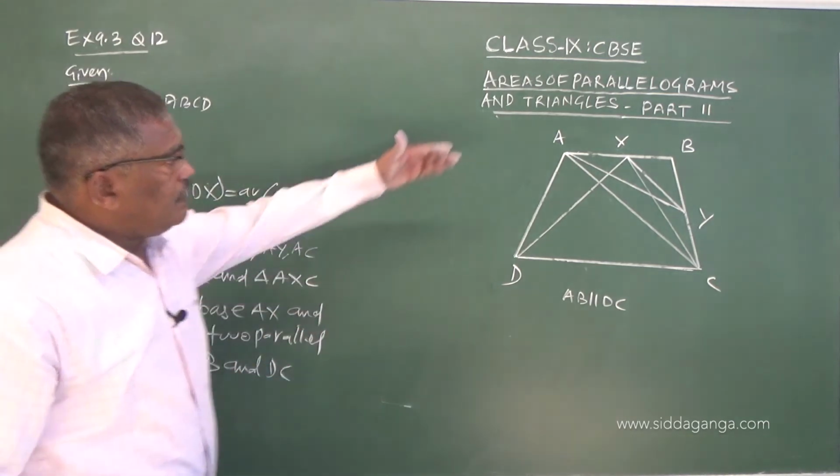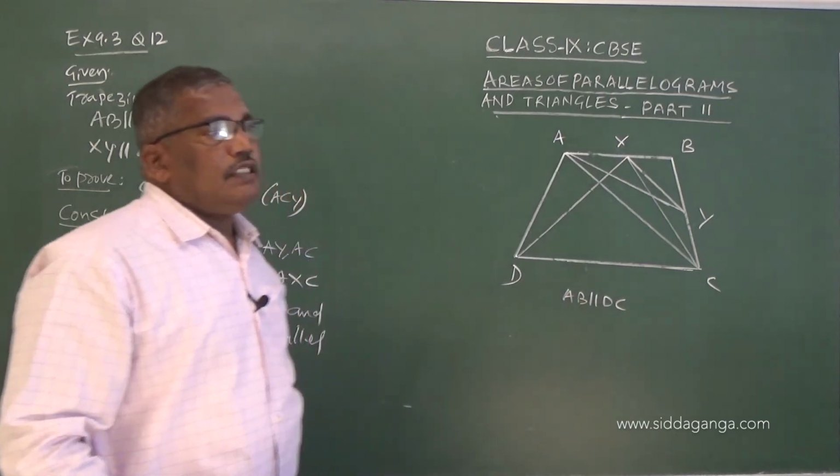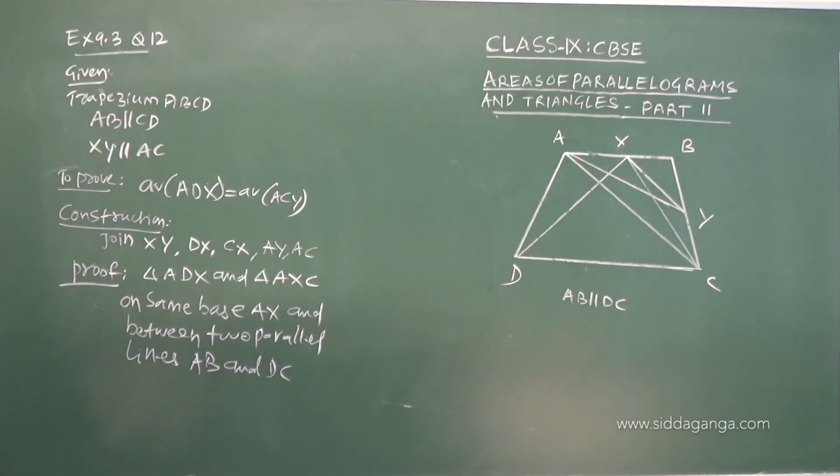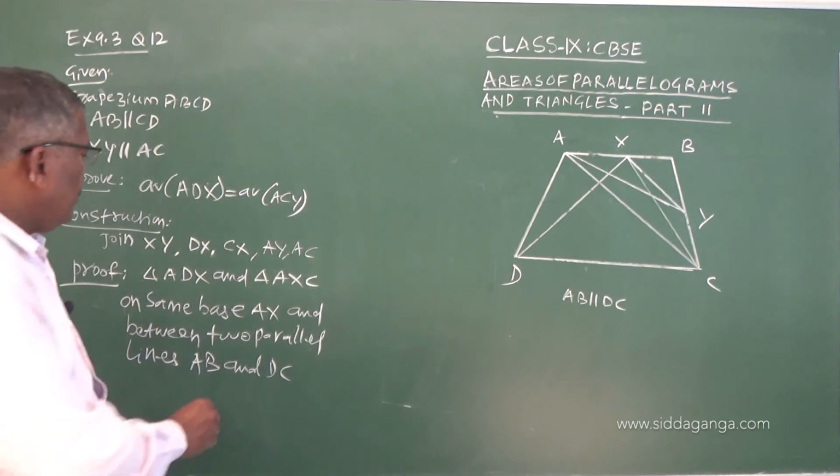So AB and DC are the opposite sides of a trapezium which are parallel. So therefore their areas are equal.